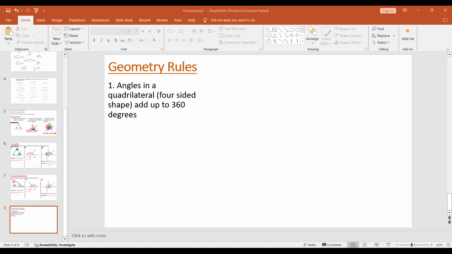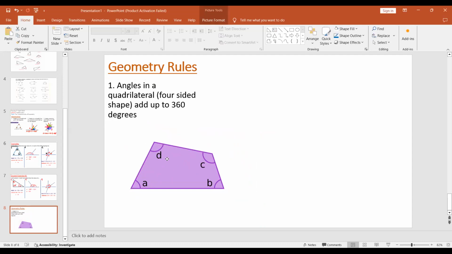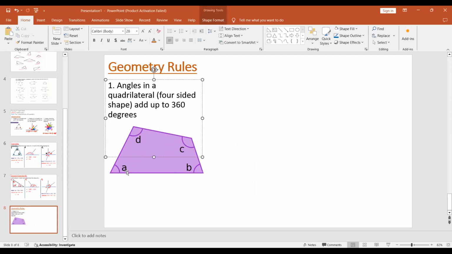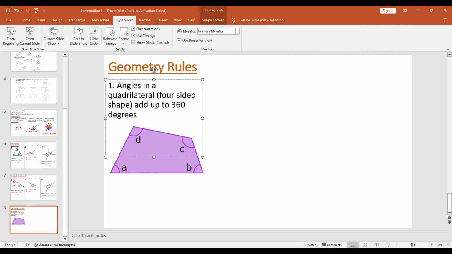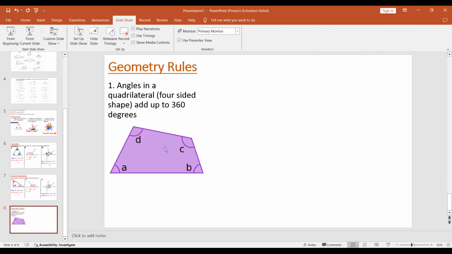Let me just show you an image. This is a quadrilateral, an irregular quadrilateral. Nonetheless, it's a quadrilateral and we have angles A, B, C, and D. What we do know is that the sum of these angles is equal to 360 degrees.